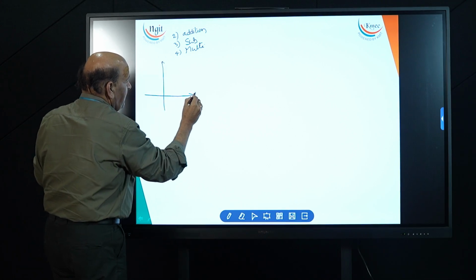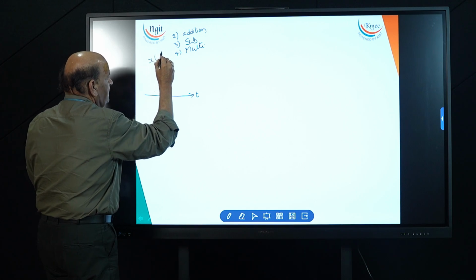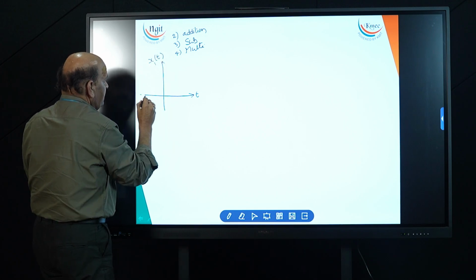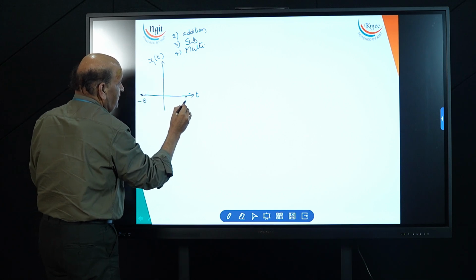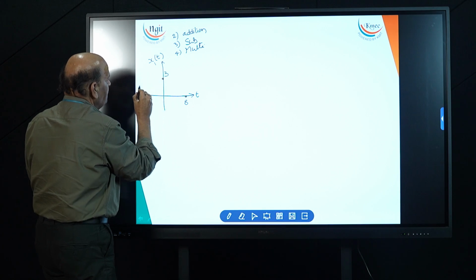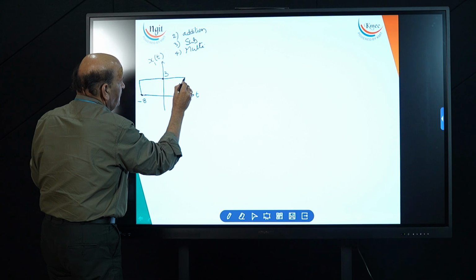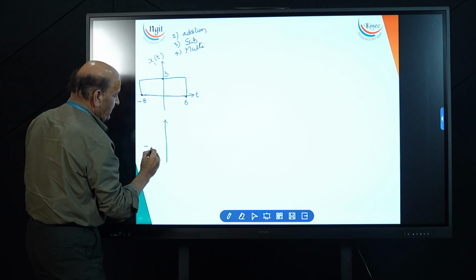This is t. This is the first signal, x1 of t. It will be, for example, -8 to 8, the amplitude equal to 3. Now let us consider another signal.